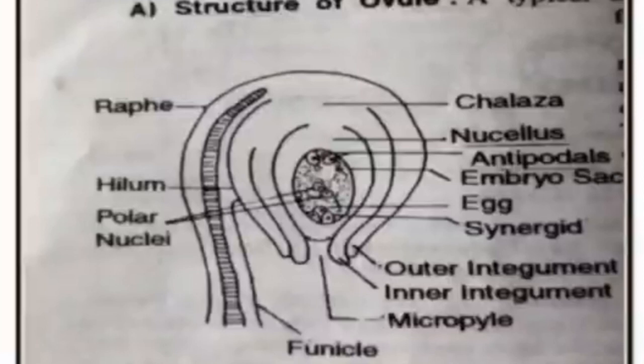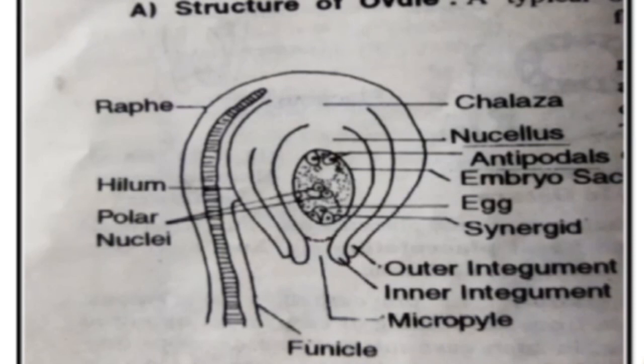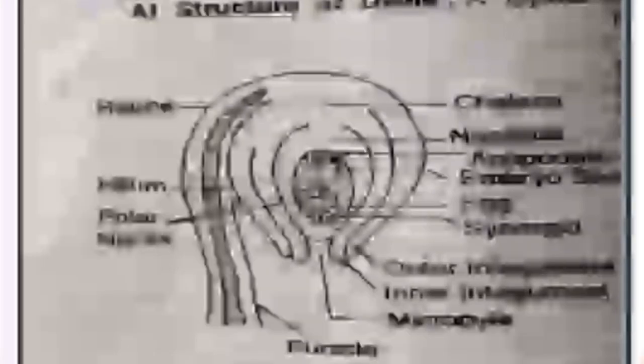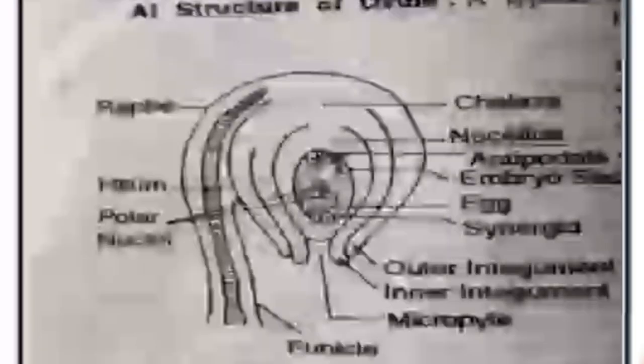Then the next part is the opening. At the uppermost part of the ovule body, there is a small opening known as the chalazal opening. It is the distal end of the raphe, or base of the ovule, from where the integuments arise.